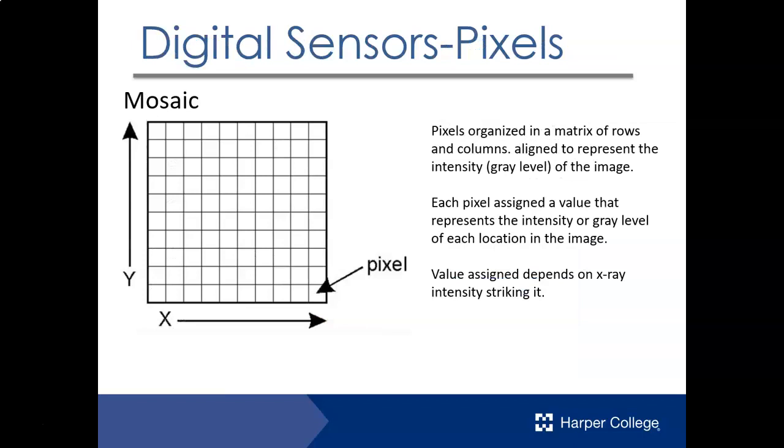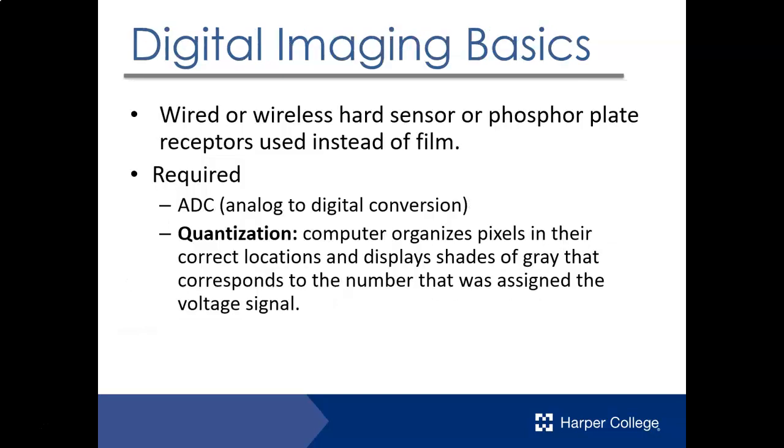Digital sensors are similar in design to a mosaic. They are composed of pixels arranged in a matrix of rows and columns, aligned to represent the intensity or gray level of the image. Digital imaging includes a hard sensor or phosphor plates.